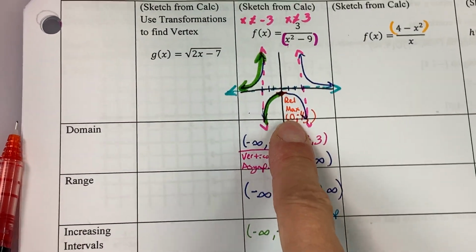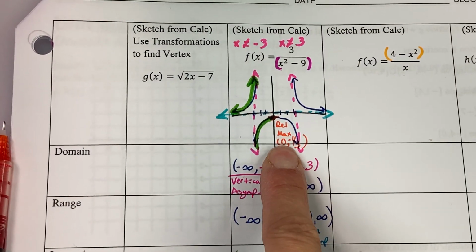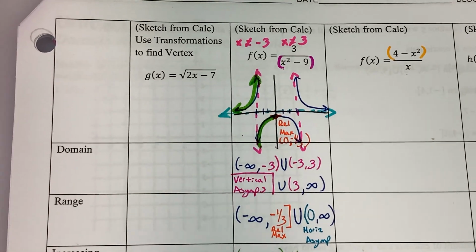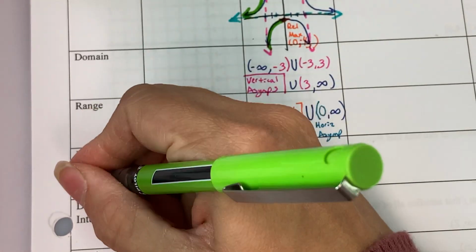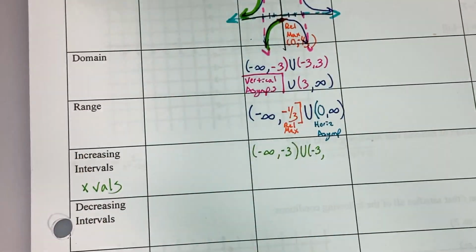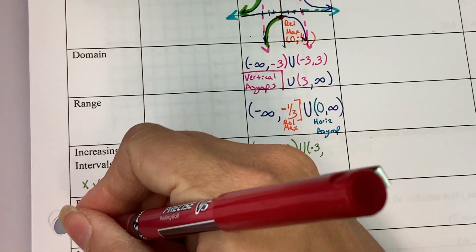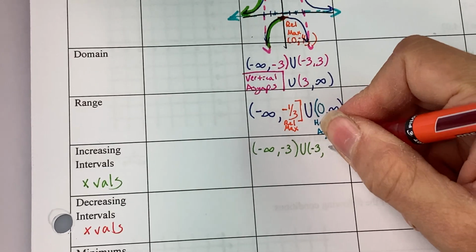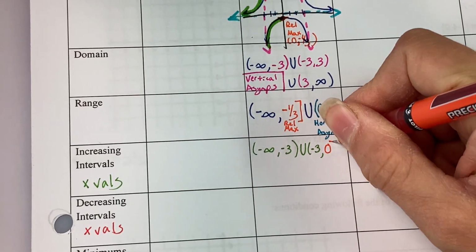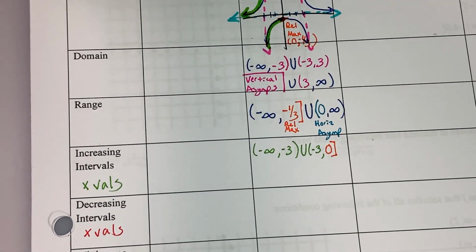At that relative maximum's x value. So remember, increasing and decreasing intervals are x values. So we're looking at what the y values are doing, but we're reporting the x intervals. So this one stops at the relative max x value of 0 with a bracket because that point is included.